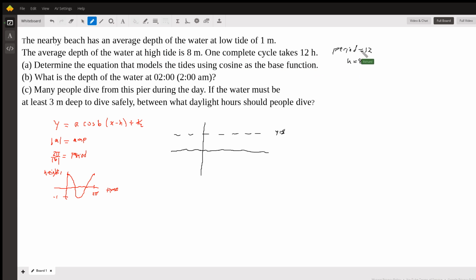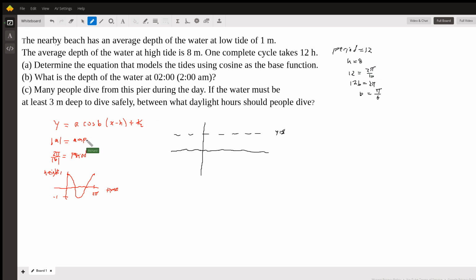While we're here with the introduction, we might as well take a look at what b is. So the period here is 12, and that's 2 pi over b. So let's solve for b. So we're going to get 12b equals 2 pi. And so b is going to be pi over 6. You see that?